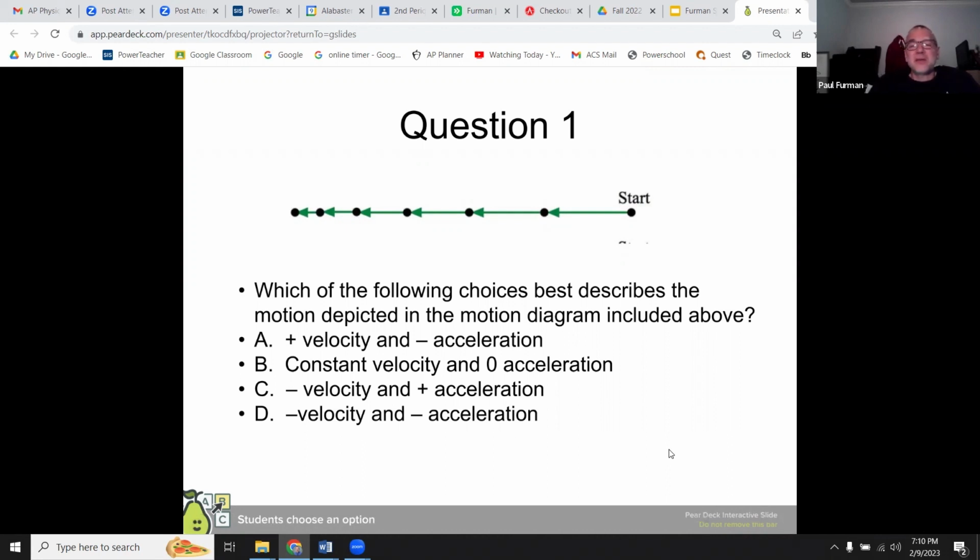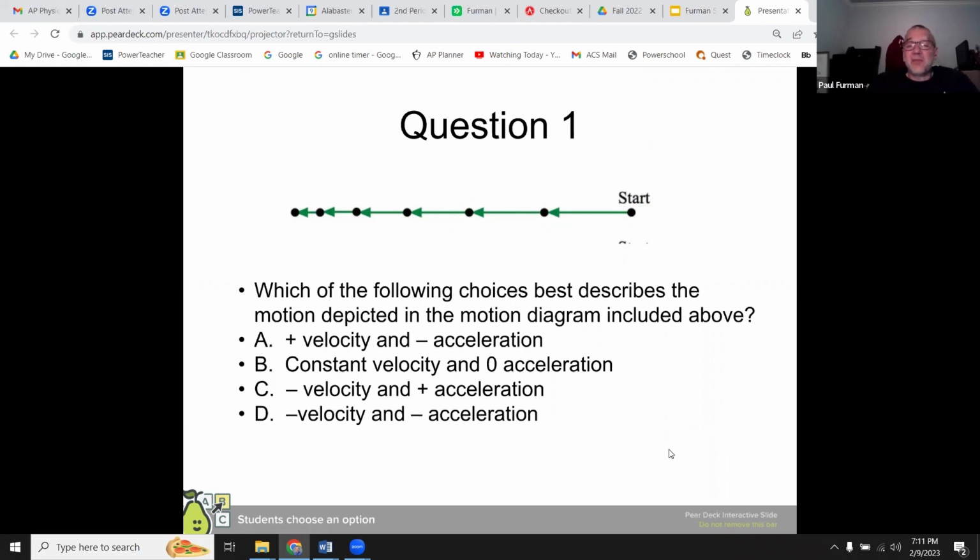Here's the rule of thumb. Once you learn it, it's very, very easy to apply. If an object has the same sign for velocity and acceleration, it's speeding up. If I have a positive velocity and a positive acceleration, I'm speeding up in the positive direction.